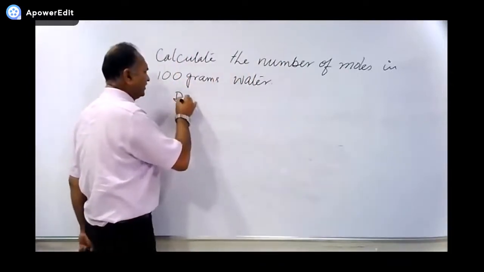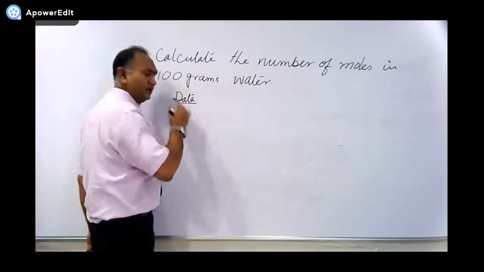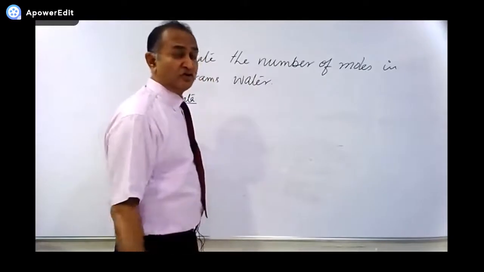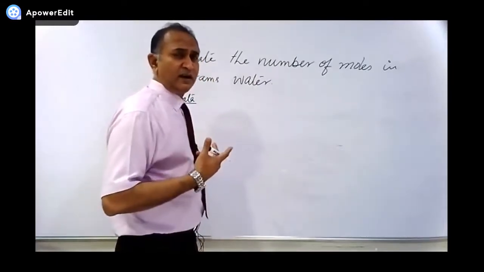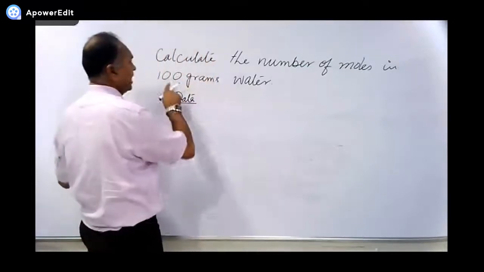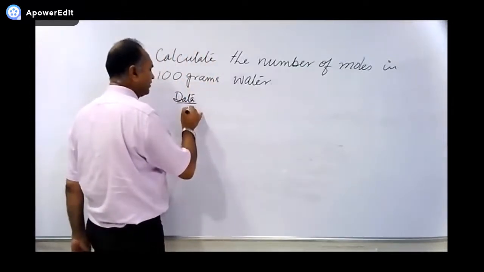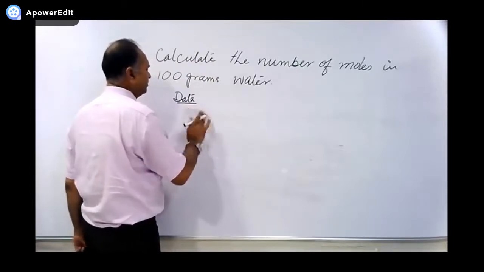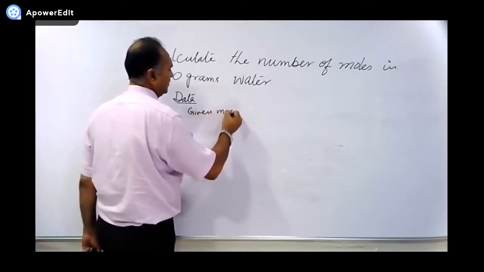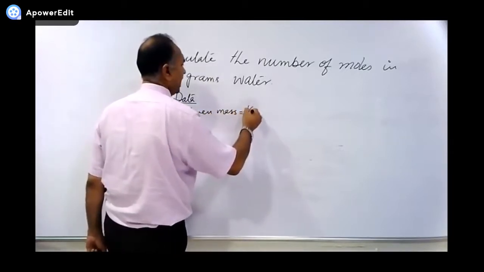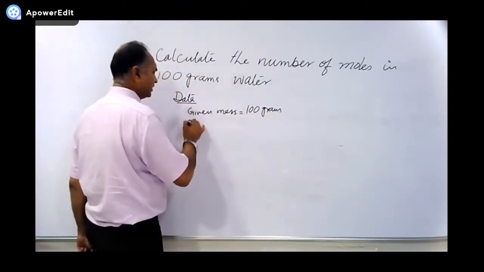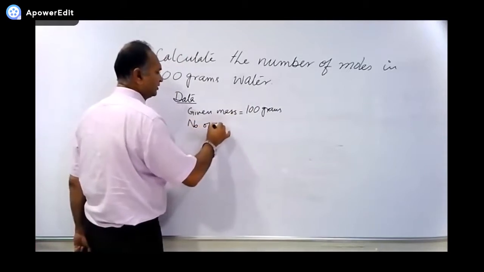We use the word data over here. So after reading the question, you can understand that something is given to you and a point is asked. So what is given to you? 100 gram of water. This will be called given mass. How many grams? 100 grams. And what is asked? Number of moles.